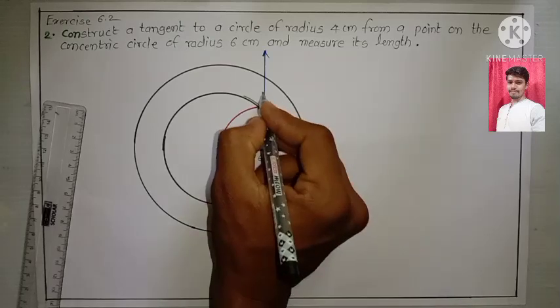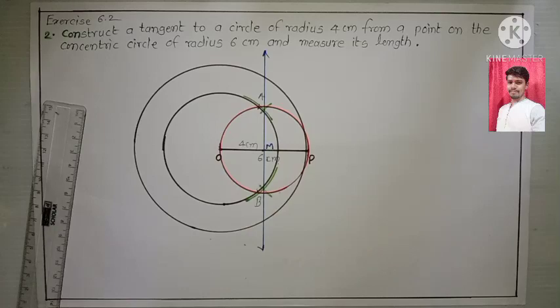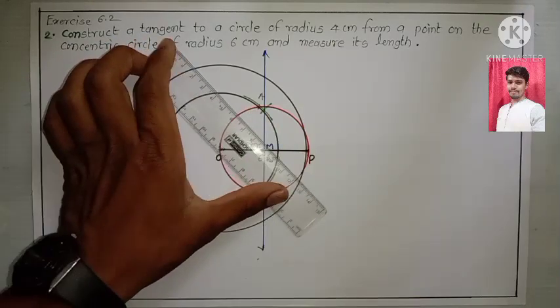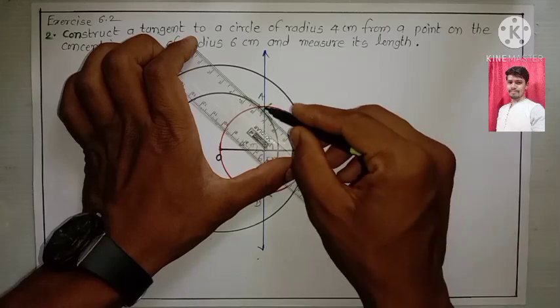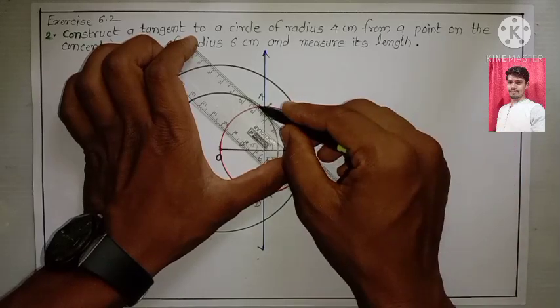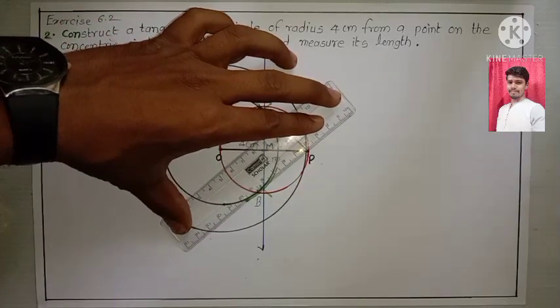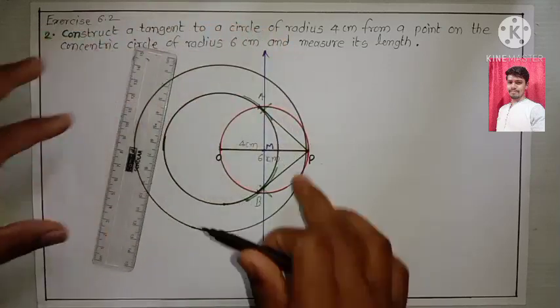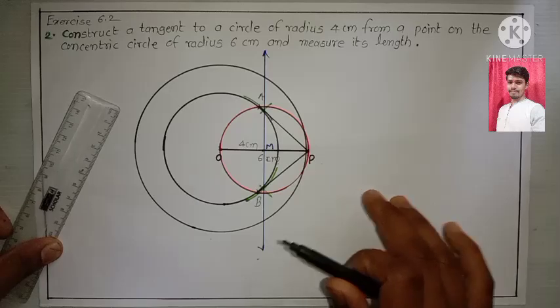Name this point A and this point B. In step 6, what do we do? Join AP and BP, which are the required pair of tangents to the given circle through the external point. This is the required construction for this question. Thank you for watching.